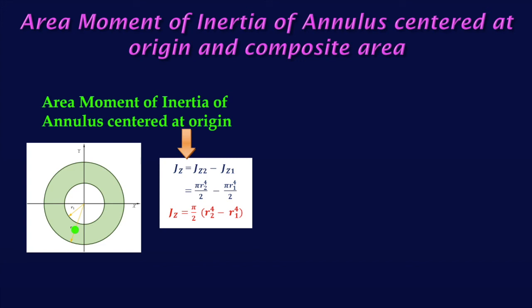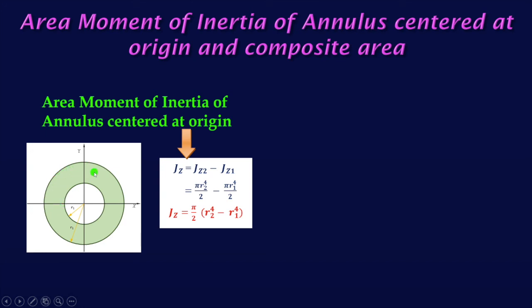Then the polar moment of inertia about the z-axis, Iz equals Iz2 minus Iz1, because we know that mass moment of inertia and area moment of inertia are both additive in nature.